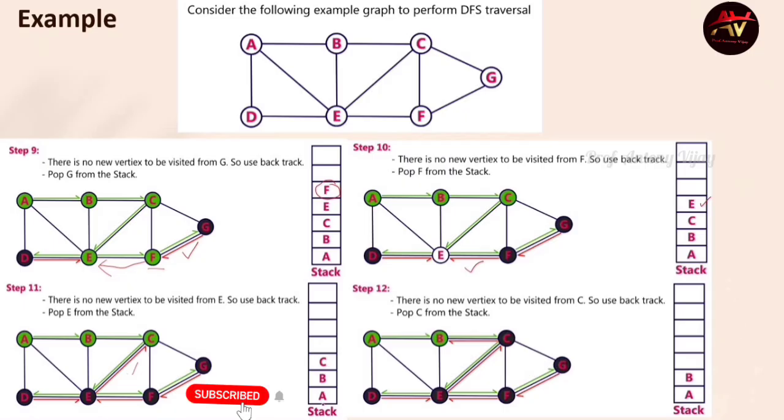Right now we have A, B, C. After C we have to go back like this, C to B. After applying this, C is removed from the stack. Right now we have A and B. The topmost is B, so we go backtracking, B to A. In this backtracking the topmost element, B, is removed.